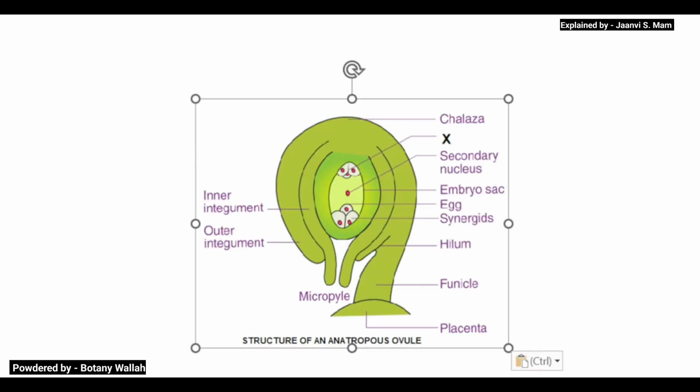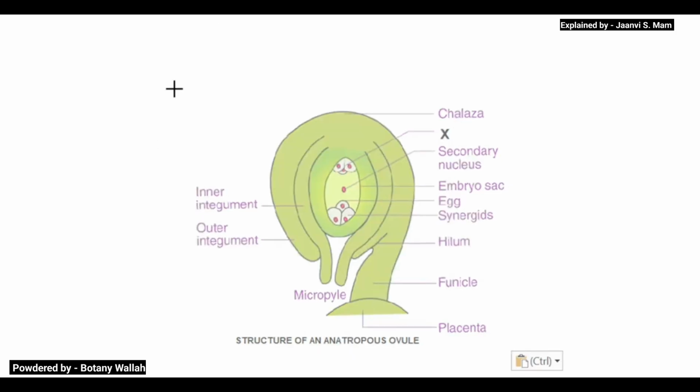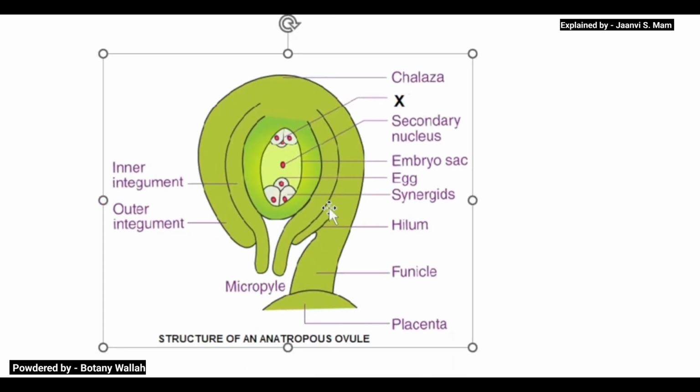I will directly take one diagram instead of me drawing and taking time. So here is the diagram. This is the diagram of the anatropous ovule.